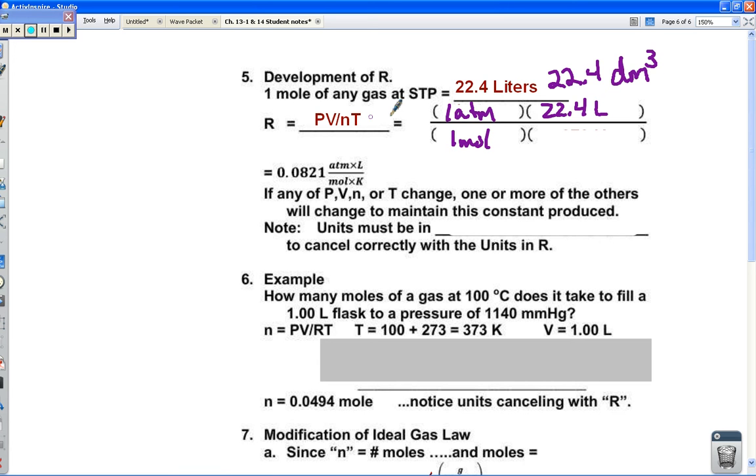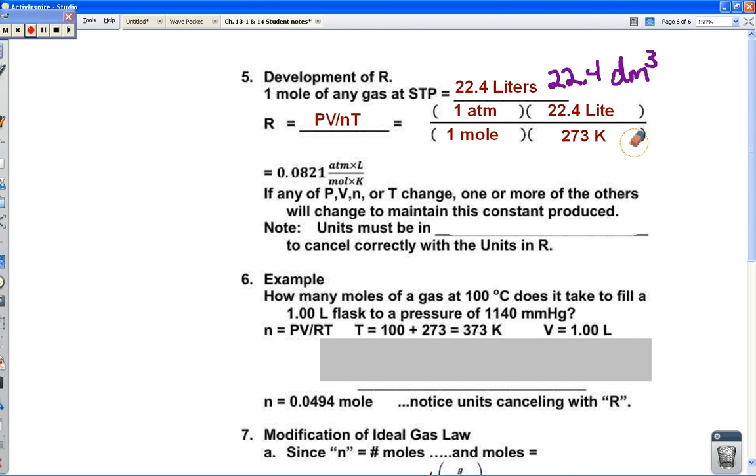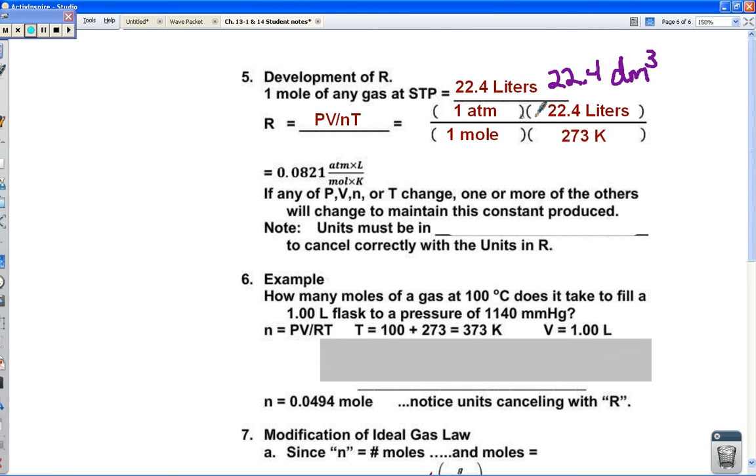And T is 273 Kelvin. When you divide 22.4 by 273, because the ones will just leave it alone, you're going to get 0.0821. So this is how we come across the ideal gas constant.